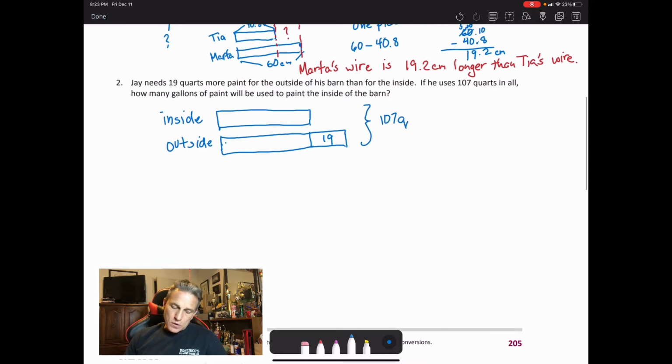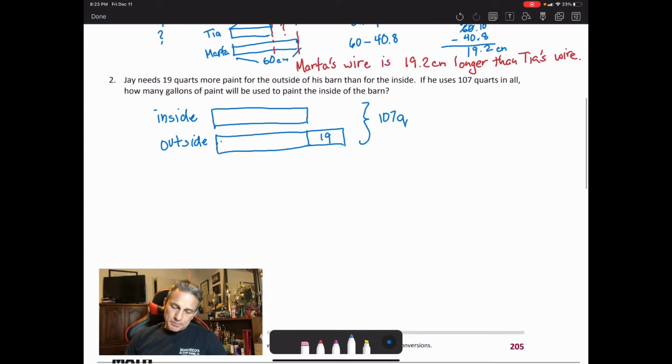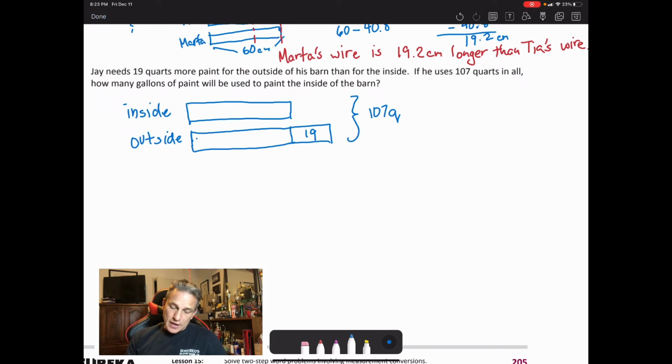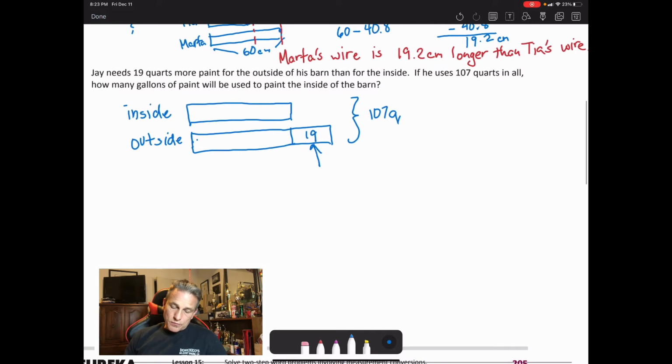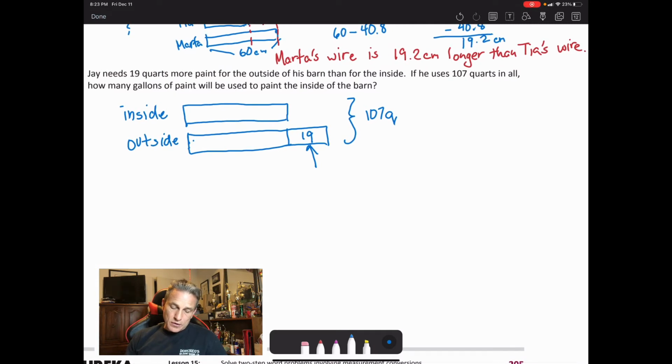So if I look at the total amount of paint for the inside and the outside, it is 107 quarts. I know that 19 of those quarts are right here. So from the pattern of, I know the total and I know part of it, I have to subtract in order to see what's left of the paint.